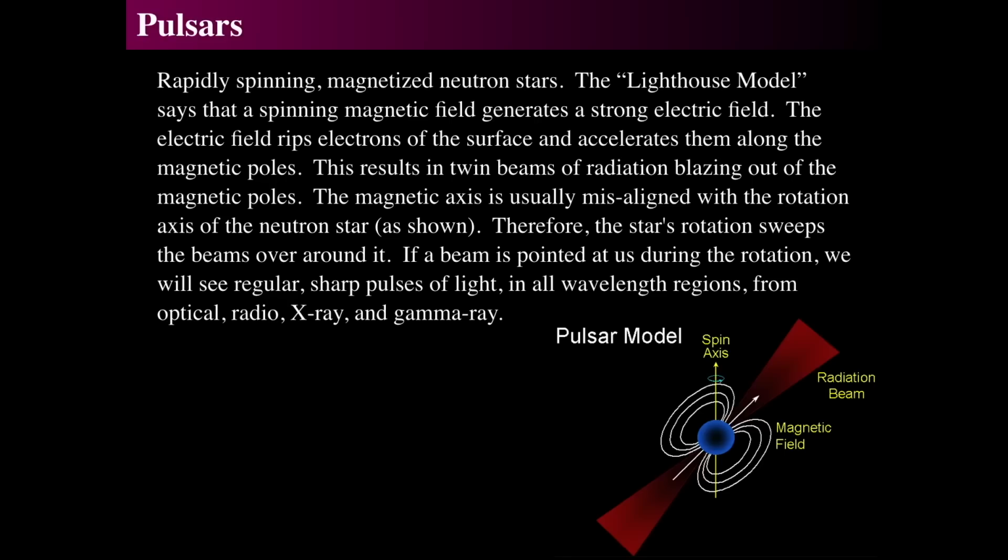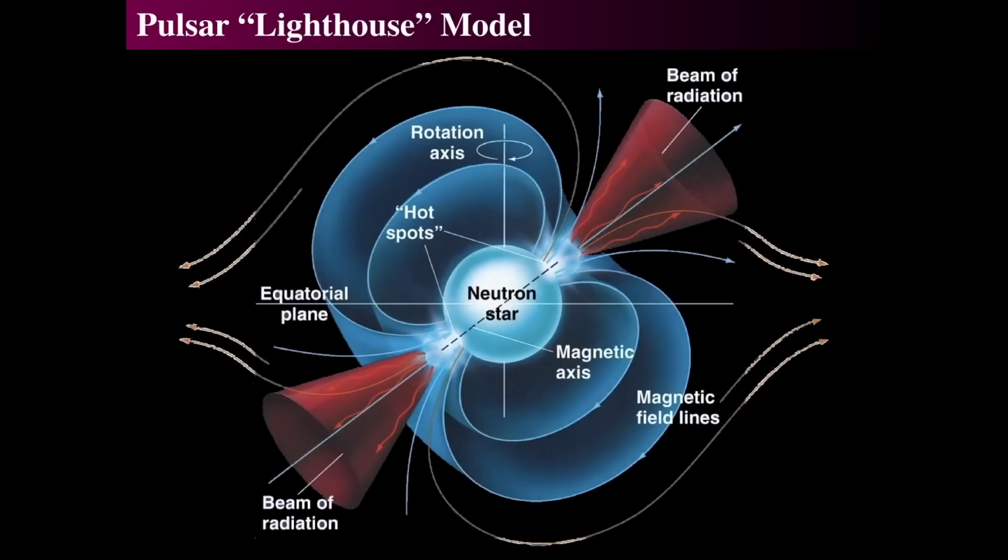This particular thing would create enormous bright spots in optical, radio, X-ray, and gamma ray. It would spin and make light in all of them. So here's a better concept of it: the magnetic field lines are attached to or are part of the neutron star.